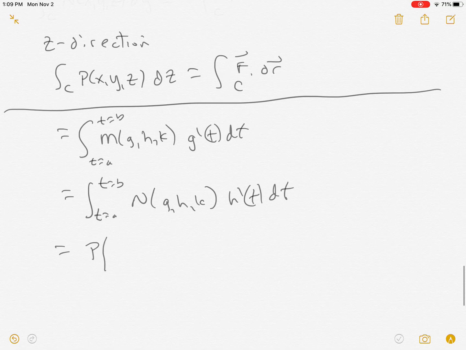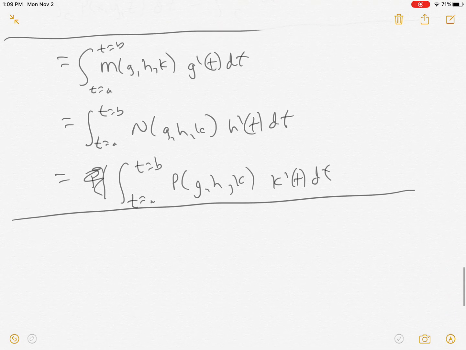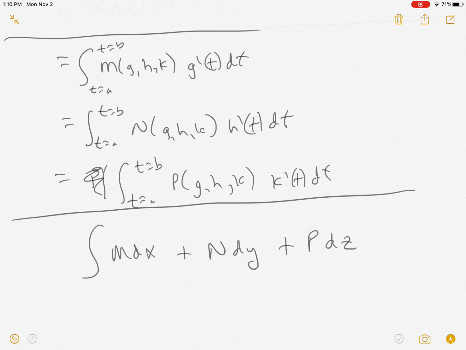And the third one becomes P of g, h, k times k prime of t dt. And so if you add all these up, you get M dx plus N dy plus P dz. And that equals the entire integral.